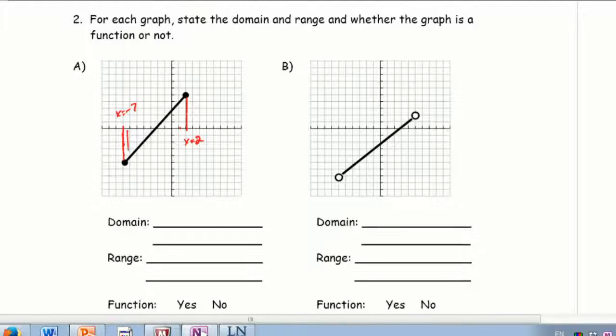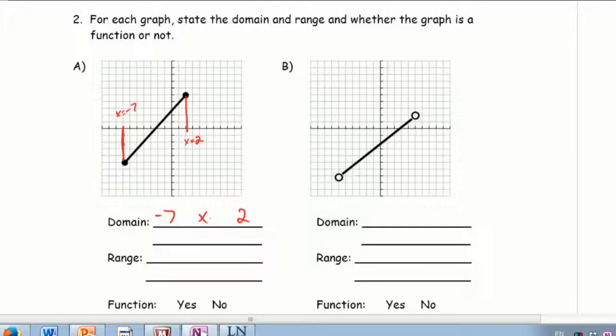All of the x values: -7, -6, -5, -4, -3, -2, -1, and then I got 0, 1, 2, and then everything in between them because it's a continuous line. So I have all of these x values from there to there, forevermore. And I have closed dots, so I'm going to include those. So my smallest is -7, my largest is 2, and my x values are between -7 and 2.